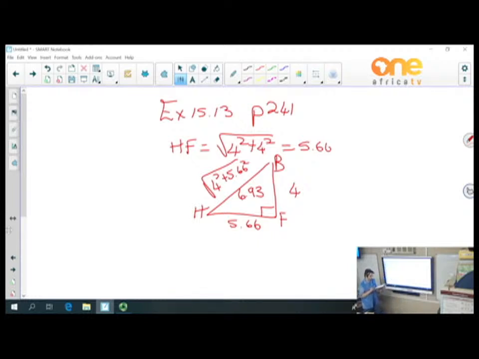And then we want angle BH, I think we changed it there to BHF. So this is the angle that you want. And eventually at that point, you can use sine, cosine, or tan to calculate that angle. Well, it doesn't matter. So I'm going to say that tan H is then 4 over 5.66. And what was the size of H? 35.2 degrees. Tan, opposite over adjacent.